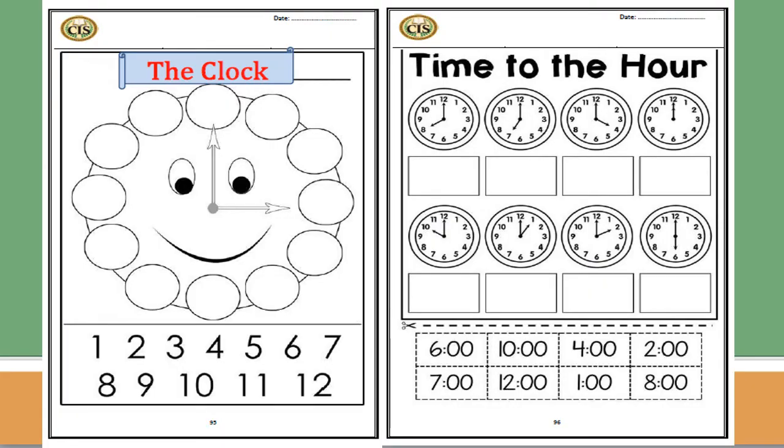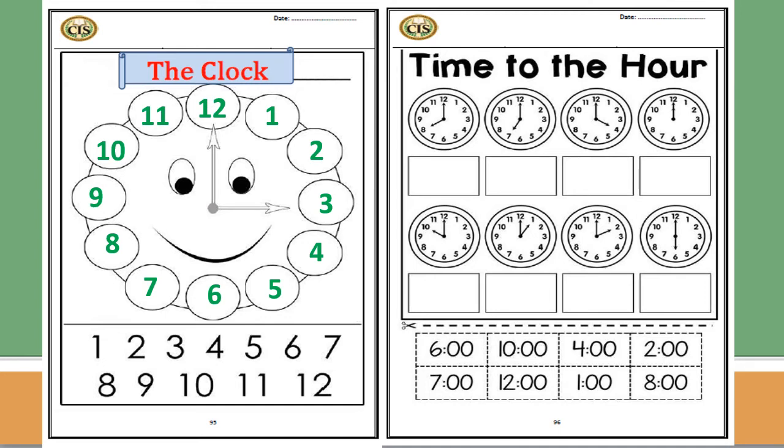Let's answer our math booklet, page number 95. We said before that the analog form starts from 1, 2, 3, 4, 5, 6, 7, 8, 9, 10, 11, 12. So it starts from 1 to 12.